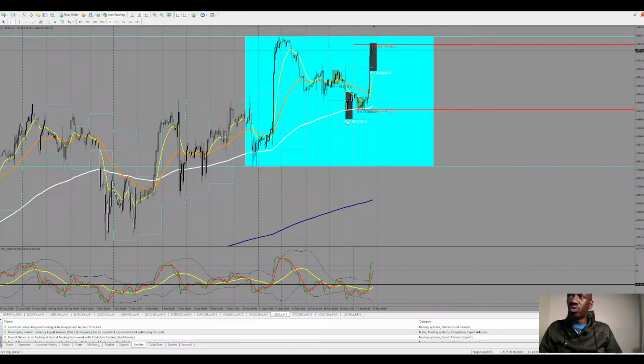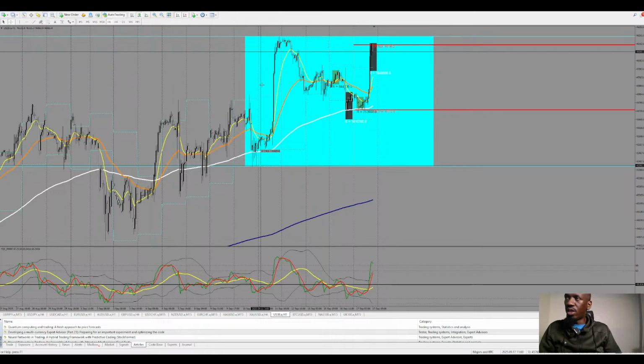Because according to the position of the price, price came to the 50% point. Why the 50% point is important is that if one wants to buy, it's important that you buy when price goes at least beyond the 50% point in the trading range.